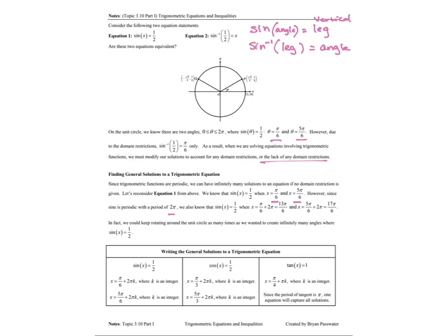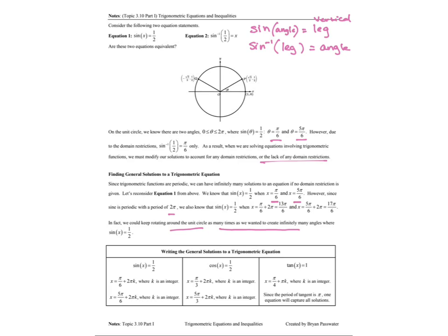You should just be able to add 2 pi to your 13 pi over 6, right? Plus 2 more pi, plus 2 more pi. You could tell that that's happening every trip around the circle. It's hitting that mark again. Do you understand what I'm saying here? In fact, we could keep rotating around the circle as many times as we want to.